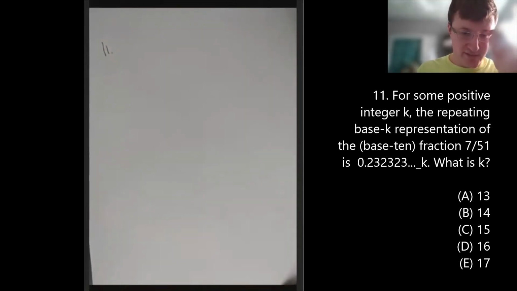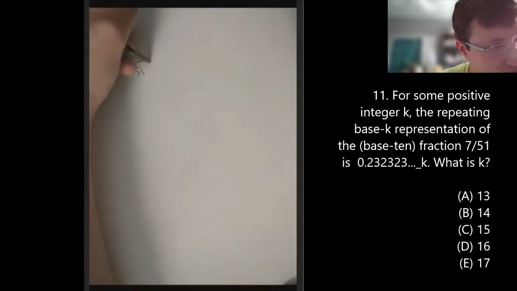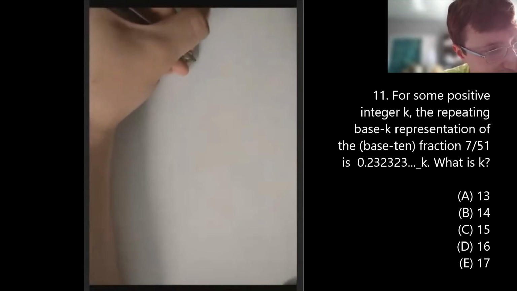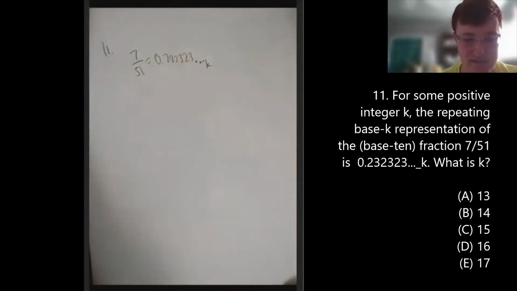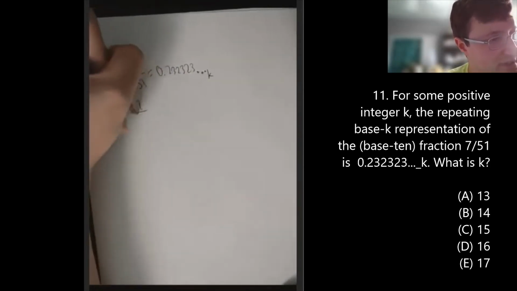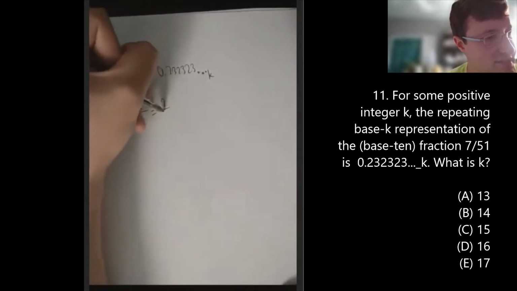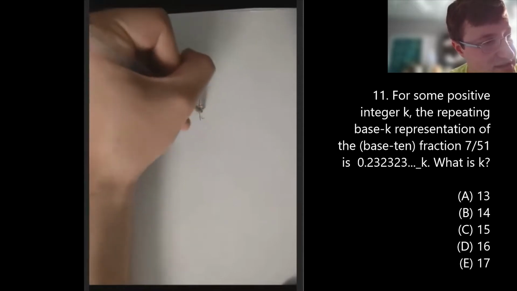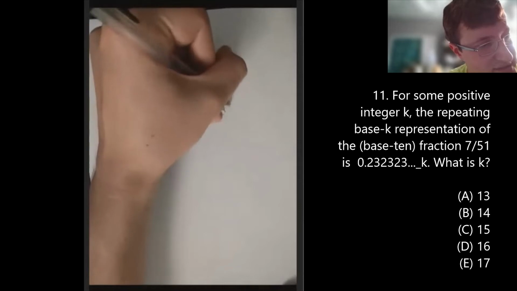For some positive integer k, the base k representation of 7 over 51 is 0.232323, and so on, base k. And we want to know what k is. So I have 7 over 51, and on the right side, I have 2 over k plus 3 over k squared plus 2 over k cubed plus 3 over k to the 4th, and so on.